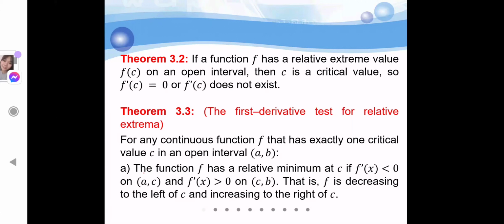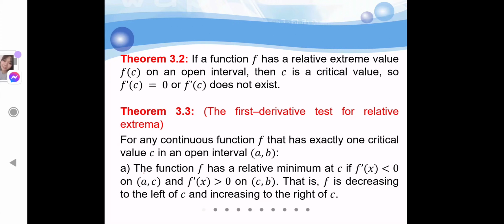The third theorem, for any continuous function f with c belonging to the open interval (a, b), then the function f has a relative minimum value.